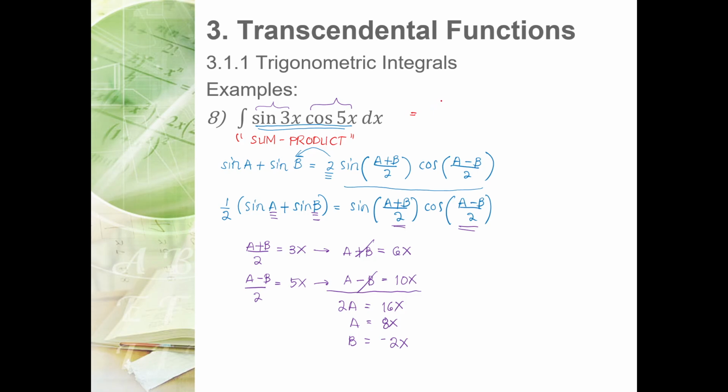So the integral of 1/2 of sine A plus sine B, let's use brackets first and try to make it clean: sine 8x plus sine of negative 2x dx.